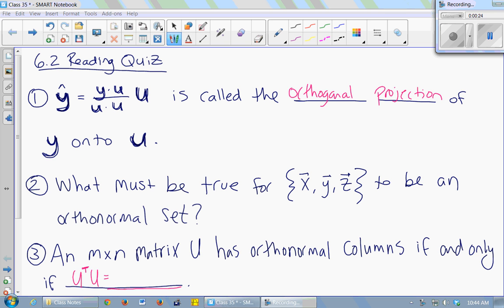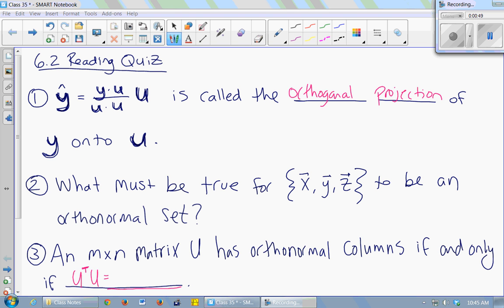All right, what must be true for this set of three vectors x, y, and z to be an orthonormal set? Yeah, they have to all be perpendicular, and they all have to be unit vectors. For an orthogonal set, they just have to be all orthogonal.